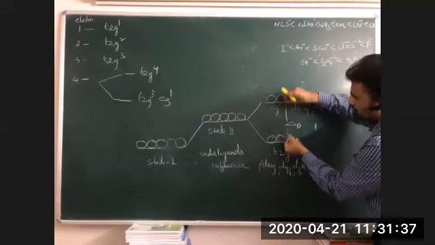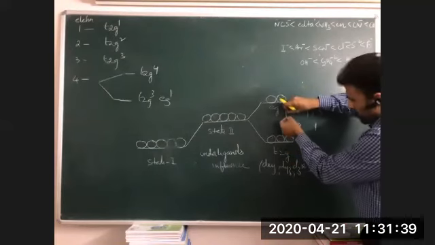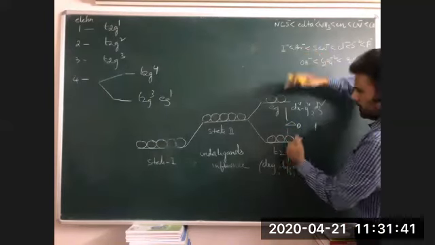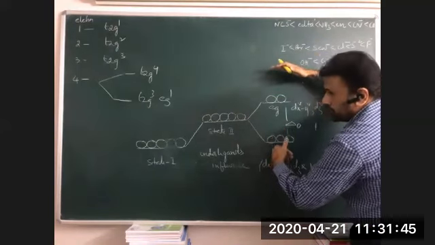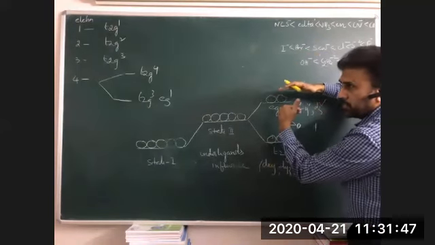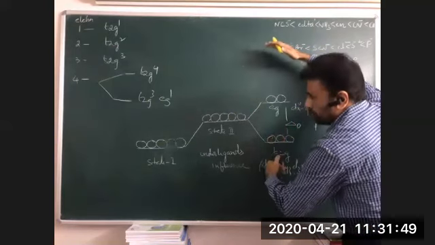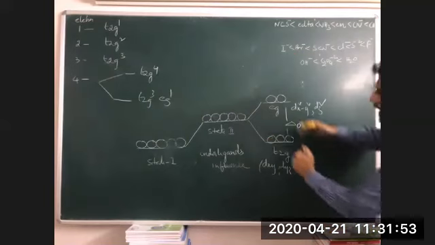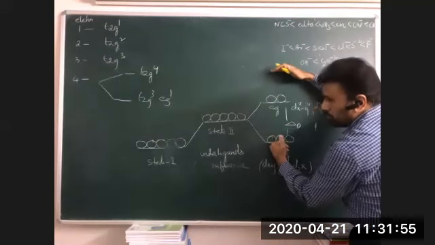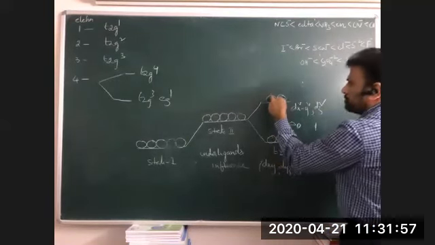If the energy difference is more, that means the splitting is more. The splitting depends upon the strength of the ligand. If a strong ligand is there, the splitting is more, because a strong ligand is able to donate the electron pair easily. As a result, the energy difference will be more, so the electron may not jump to the higher level.